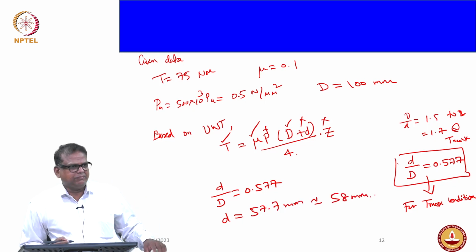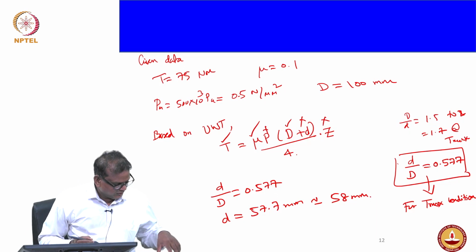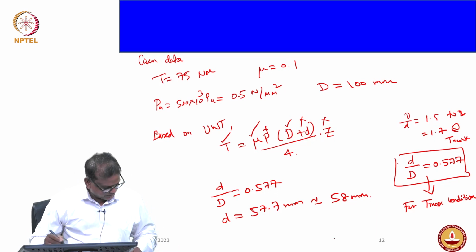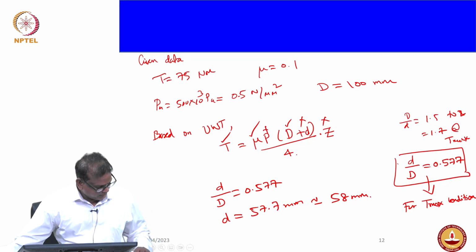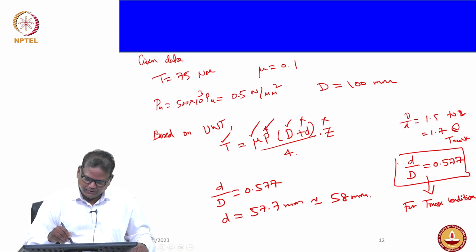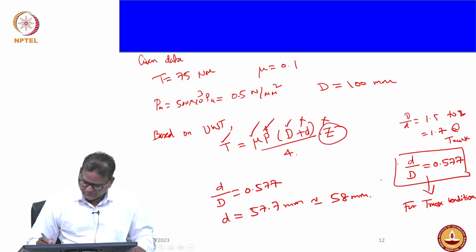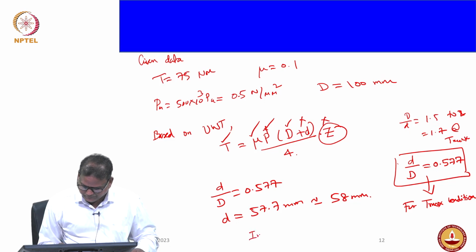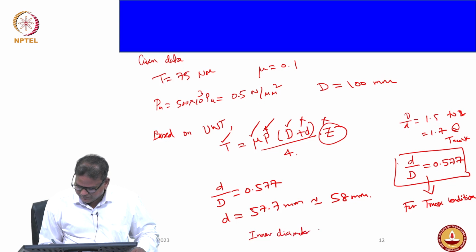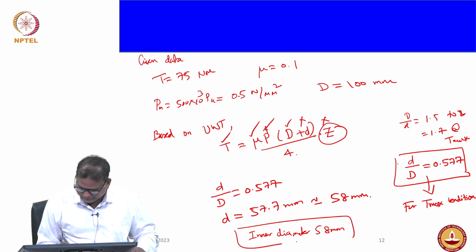Now we have to find the clamping force first, and only then can we find the number of discs. So now we have the inner diameter of the clutch equal to 58 mm.